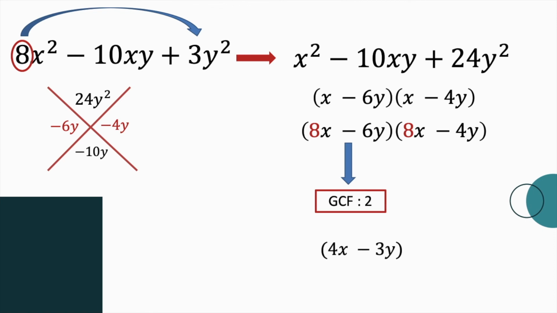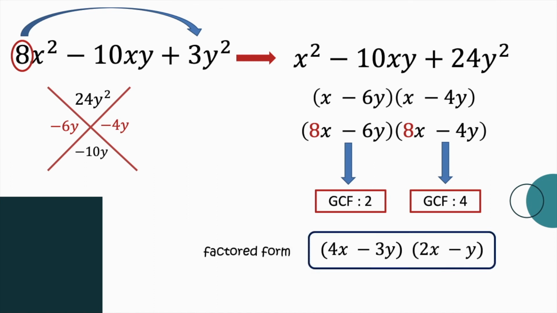While for the second factor, the GCF is 4. Dividing each term by 4, the answer is 2x minus y. Therefore, the factored form of 8x squared minus 10xy plus 3y squared is 4x minus 3y times 2x minus y.